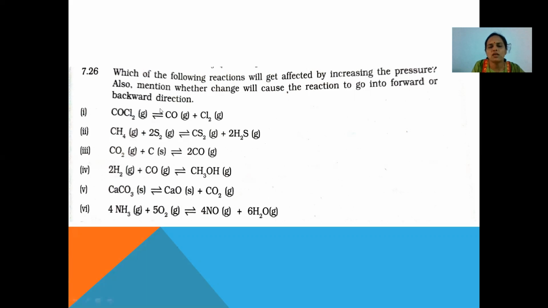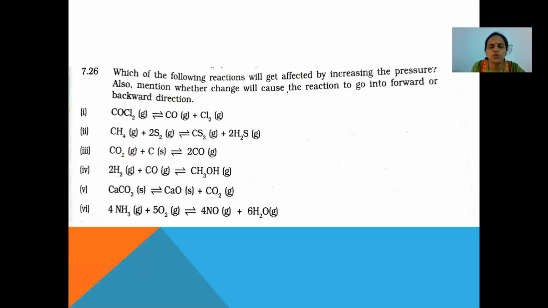So 2 moles are present on the product side and 1 mole on the reactant side. Always remember, we consider gaseous reactants and products. So the number of moles on the product side is greater in comparison to the reactant side. So with increase in pressure, the reaction proceeds in the backward direction.